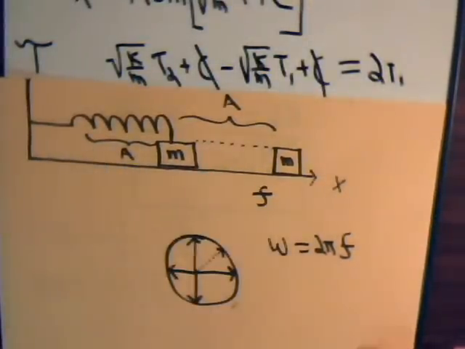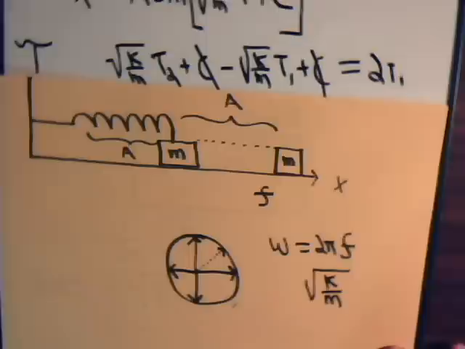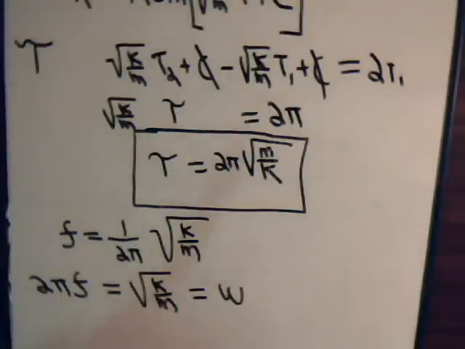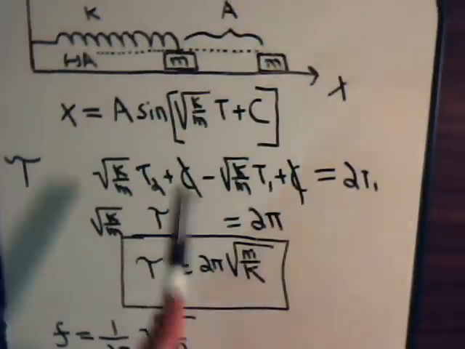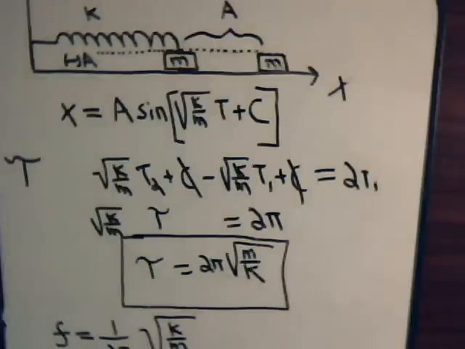If we want to represent it as an arrow going around this circle of reference, then the angular frequency of that arrow going around the circle is the square root of k over m. So that means right up in here we can replace this with omega. So let's do that, and once we do that, that will take us very close to the end of our video.